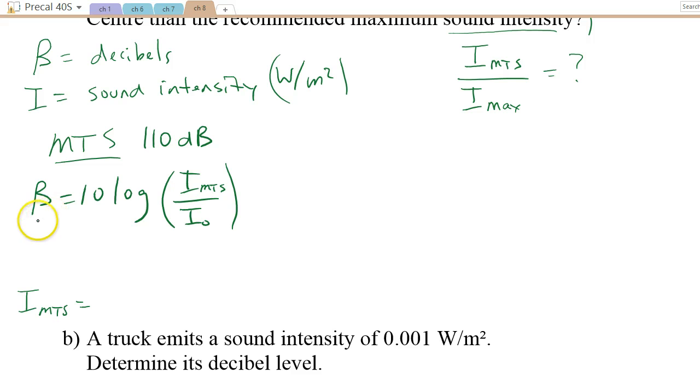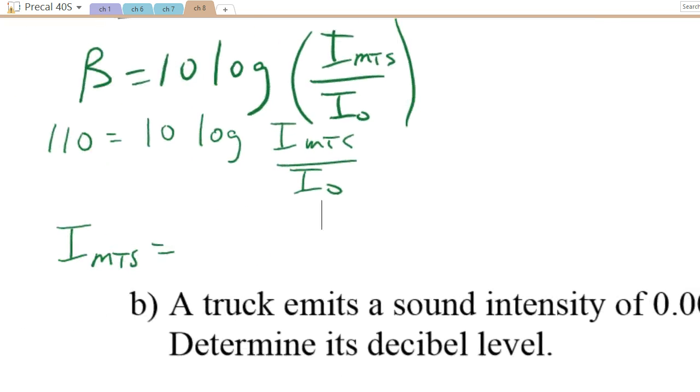Okay, so 110 is equal to 10 times the log of I MTS divided by I0. We're going to have to make some more space here. Because of that 10 part, because of the deci in decibels, I can't do the exponential version yet.